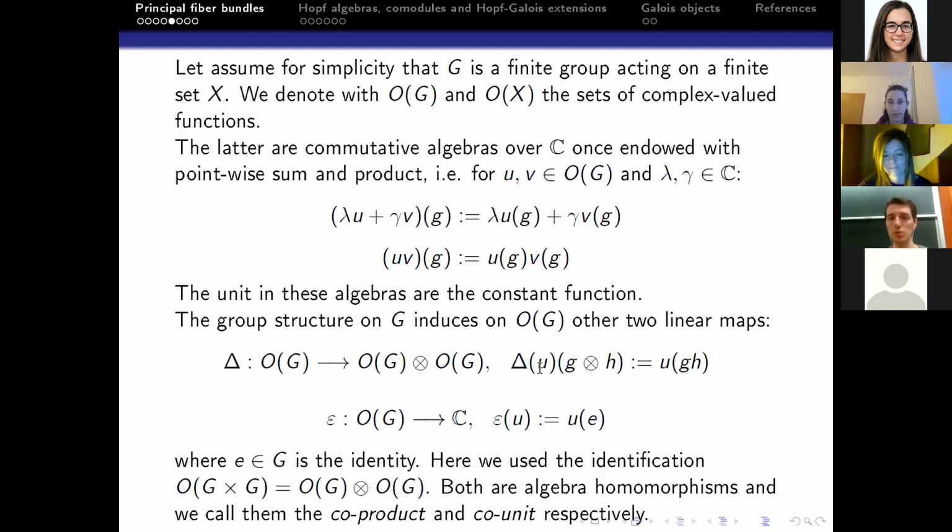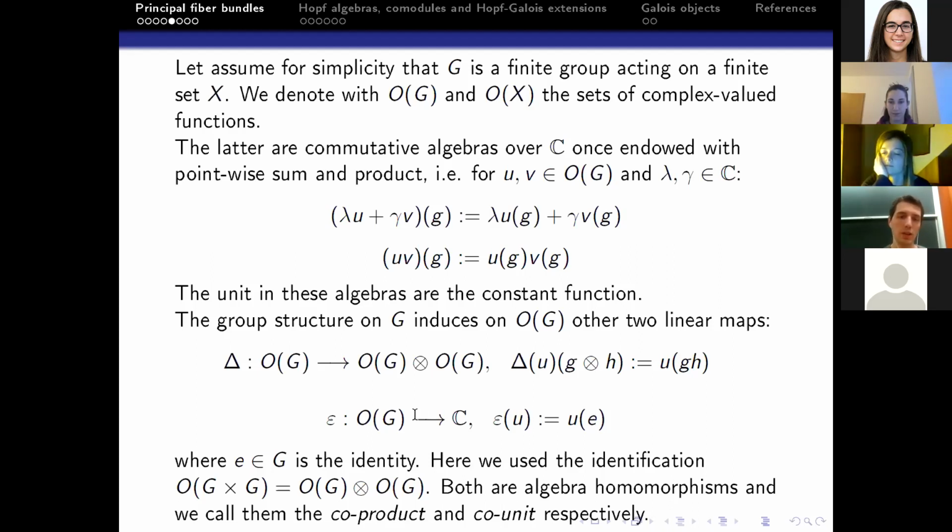So delta of U acts on the tensor product of G and H, evaluating U in the product GH. So this map is induced by the product in G. And the existence of an identity in G gives this map from O(G) into C, by taking U into evaluating U at the identity.